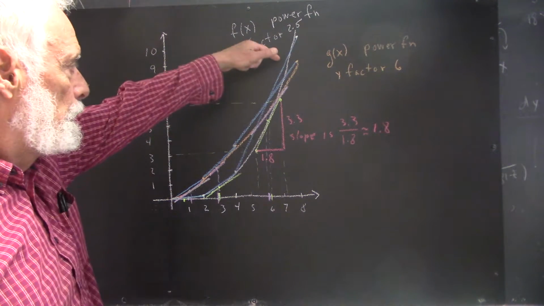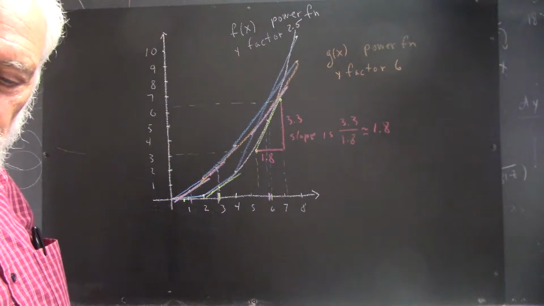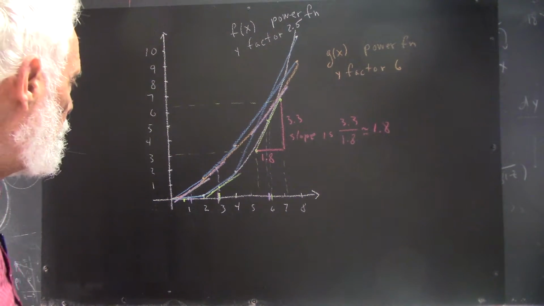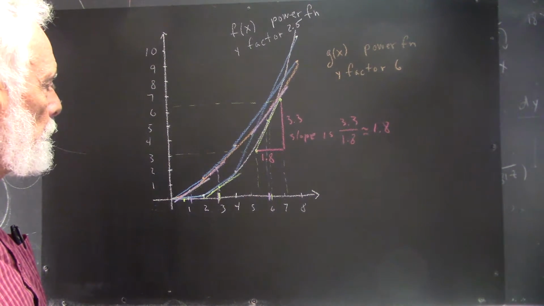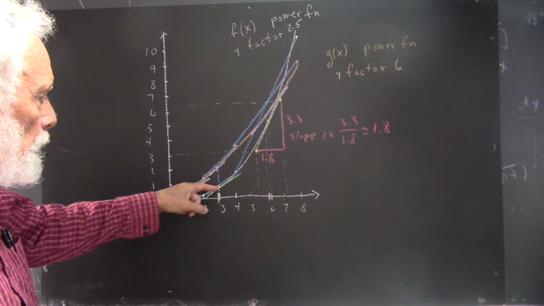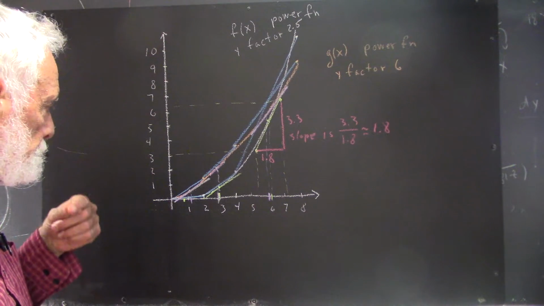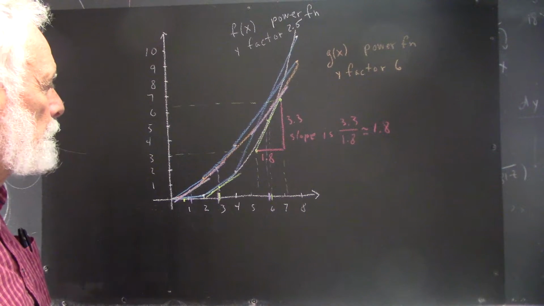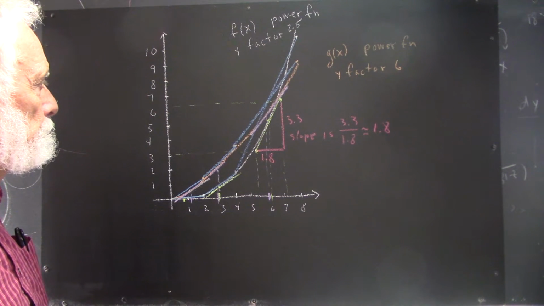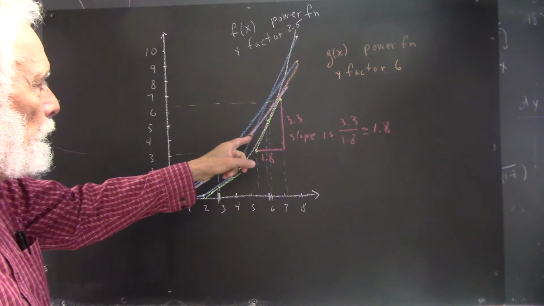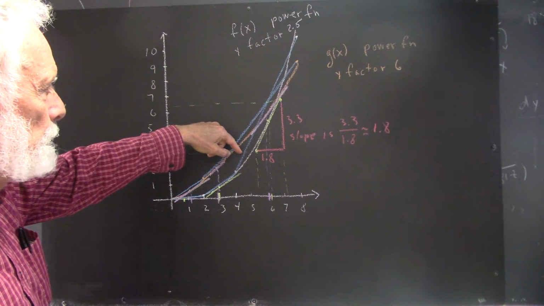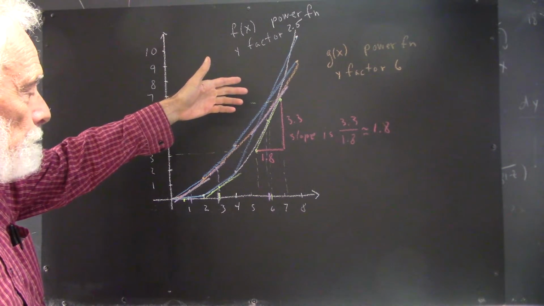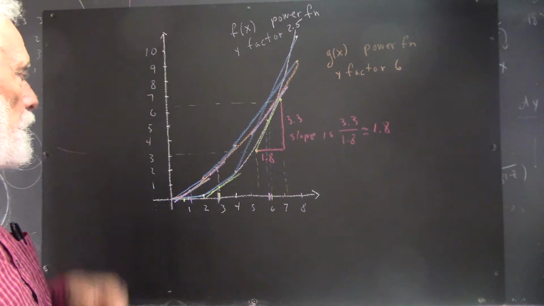Now I could calculate the slopes of all the rest of the tangent lines. I have a choice in each case of calculating the slope of the tangent line or the slope of the blue line that's supposed to be parallel to it. If I look at the green line here and the line to which it's supposed to be parallel, I don't think I did a very good job of getting it parallel, but you can use your judgment.